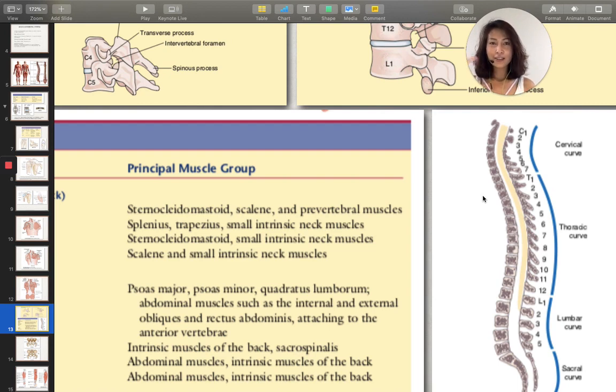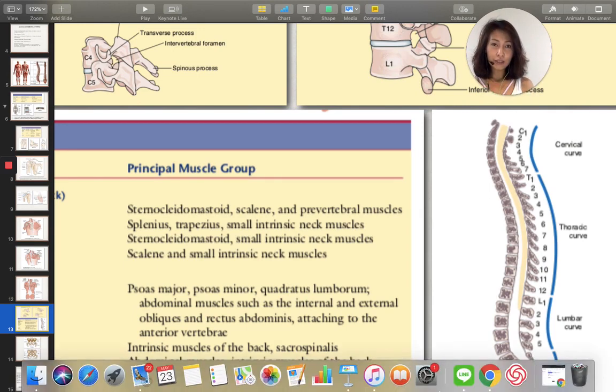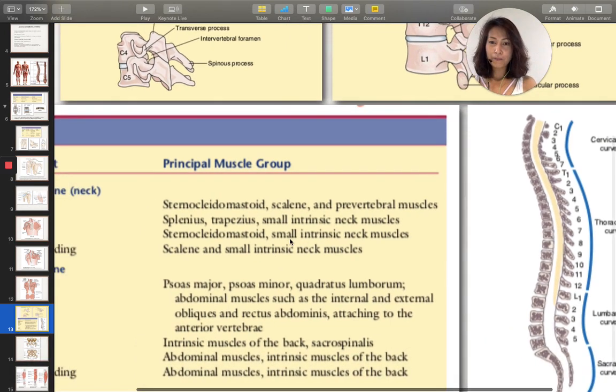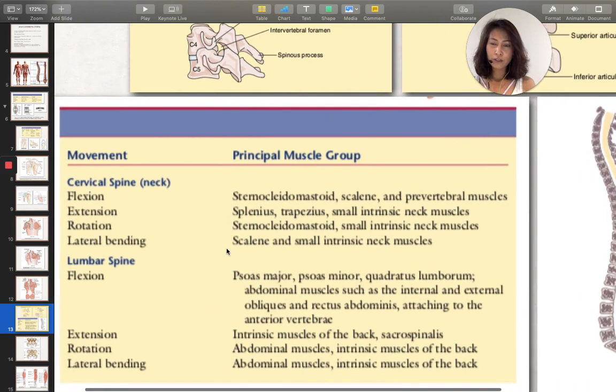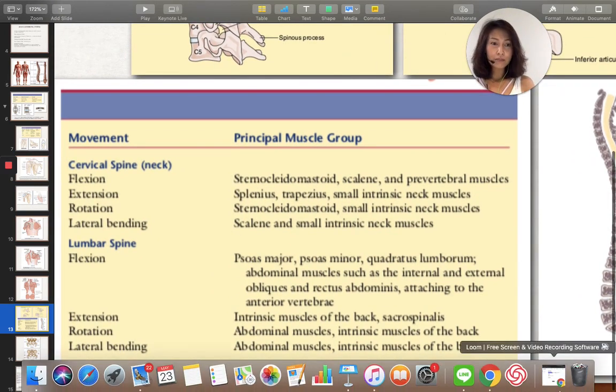Yes, C, T, L, S, and the last one is C something. Just write it down, and we'll see you in the next slides. Continue with the details of movements and the names of the movements.